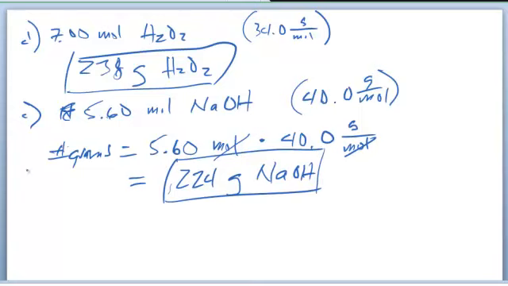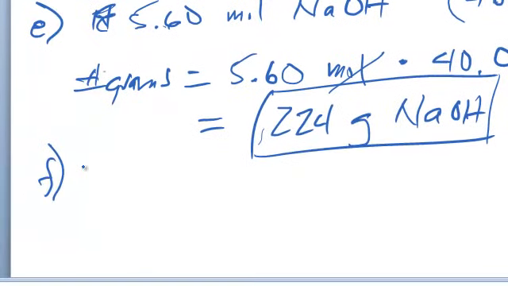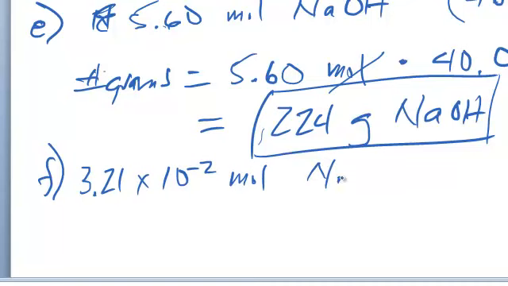Okay, and finally, oops, this looks like a C. It's an E. Finally, F. Wow, a very small amount of nickel, 3.21 times 10 to the minus second mole of elemental nickel.